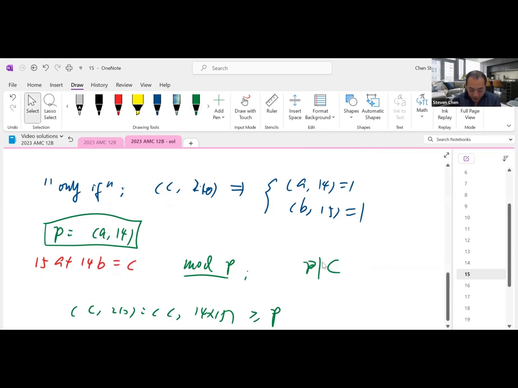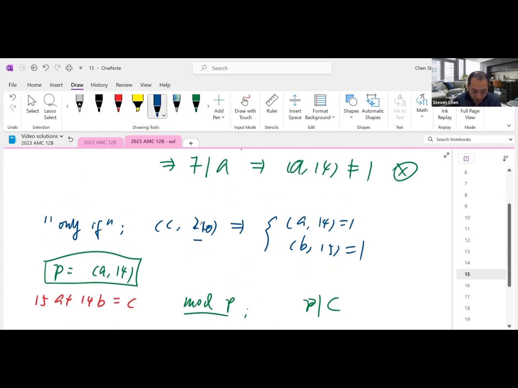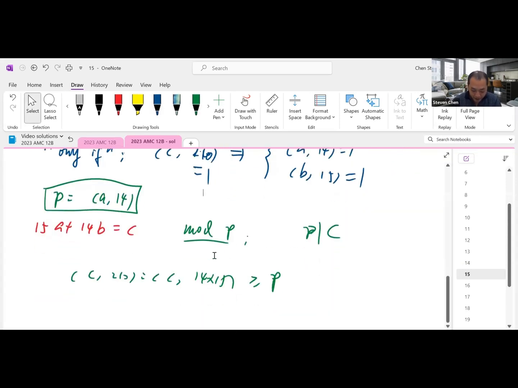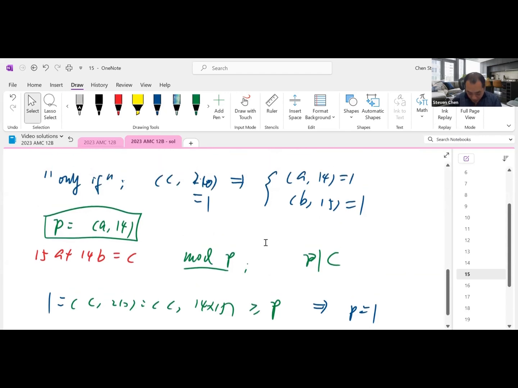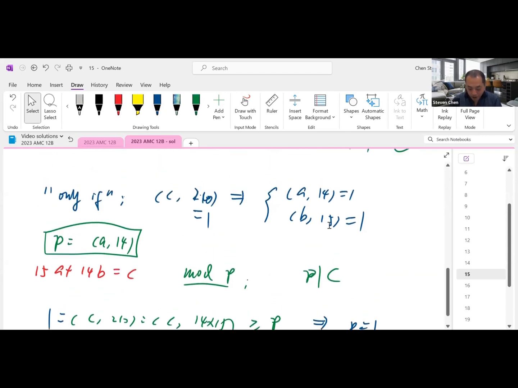But recall that for the only if condition, we know C and 210 are relatively prime. So this number is equal to 1. So 1 is lower bounded by P. So it implies that P must be 1. So it tells us that A and 14 are relatively prime. By making a similar argument, we can prove that B and 15 are also relatively prime. So this proves the correctness of the only if part in statement 3.